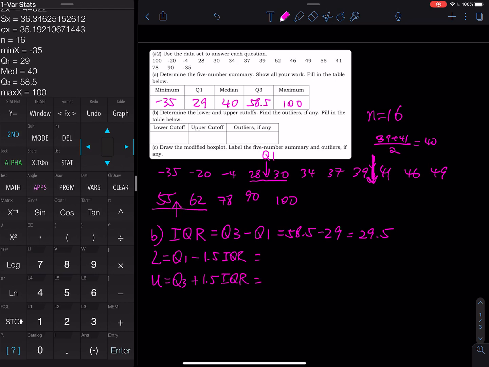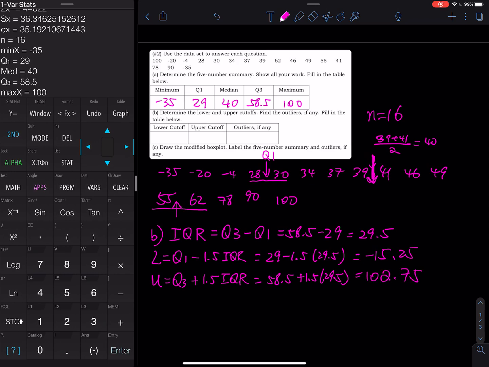So for Q1 we have 29 minus 1.5 times 29.5. For Q3 we have 58.5 plus 1.5 times 29.5. Let's see. This one we have negative 15.25. The other one we have 102.75.